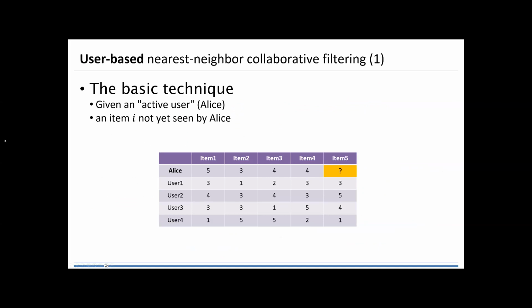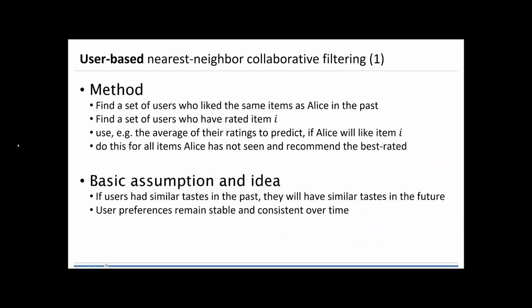So we assume that all ratings are available, and then we can use the average of the ratings to predict whether Alice will like item i. We do this for all items Alice has not seen and recommend the best rated.